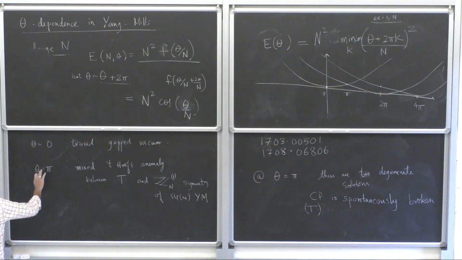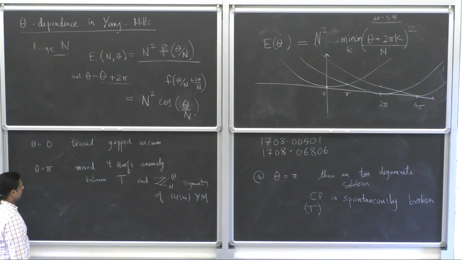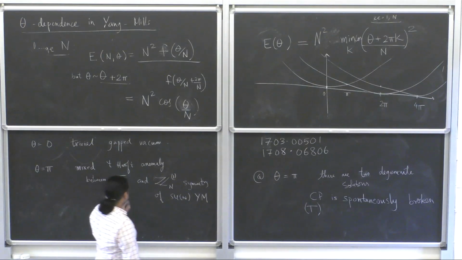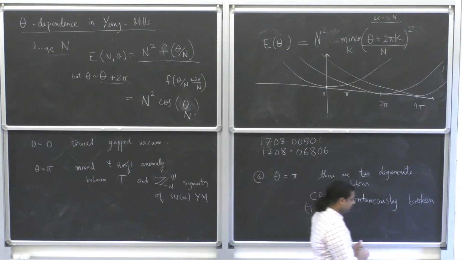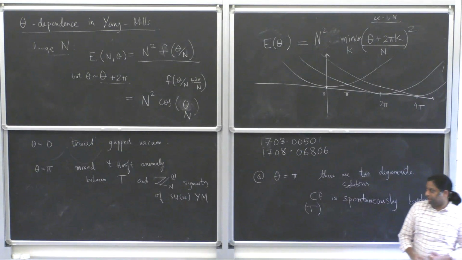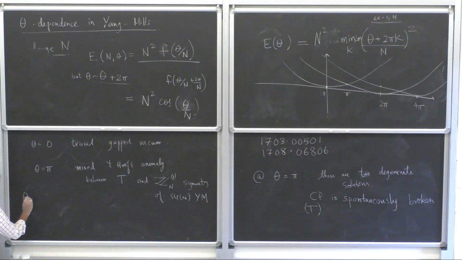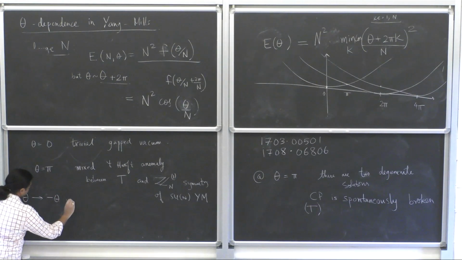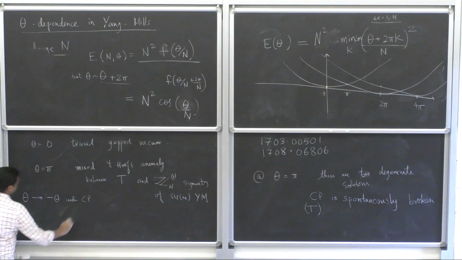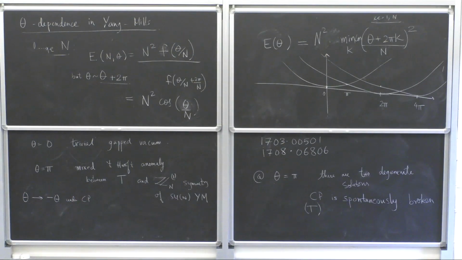So at theta equals pi, we said CP is a symmetry at theta equals 0 and at theta equals pi. How do we see it? Theta goes to minus theta under CP. At theta equals 0, obviously this is the symmetry of the theory.